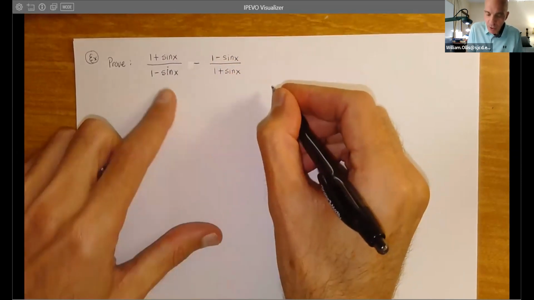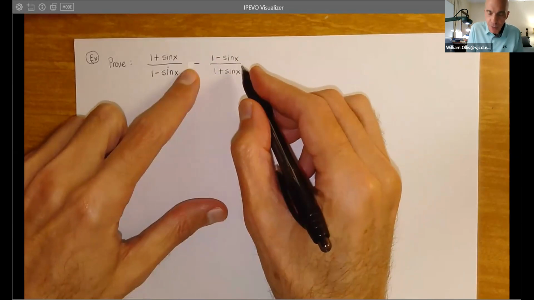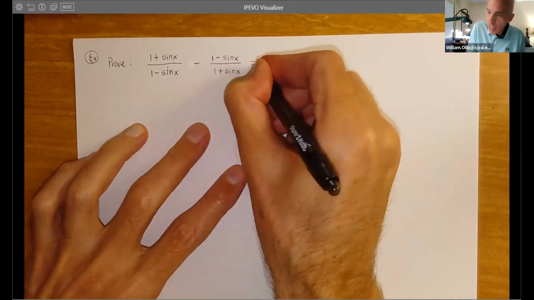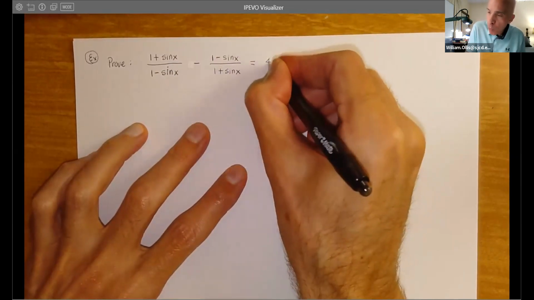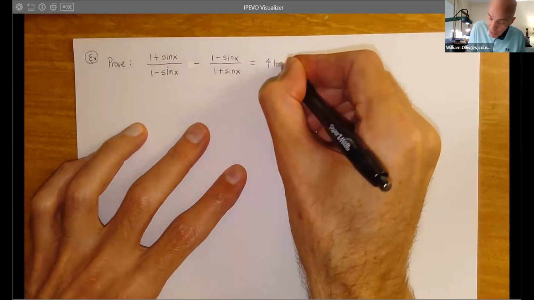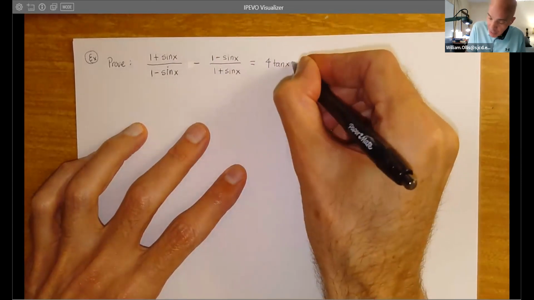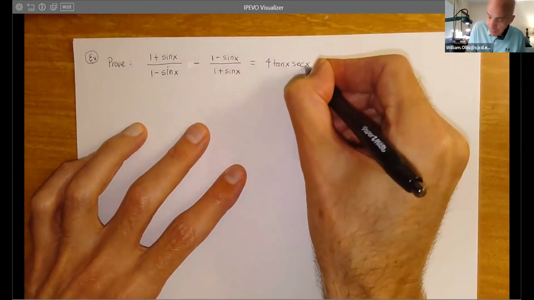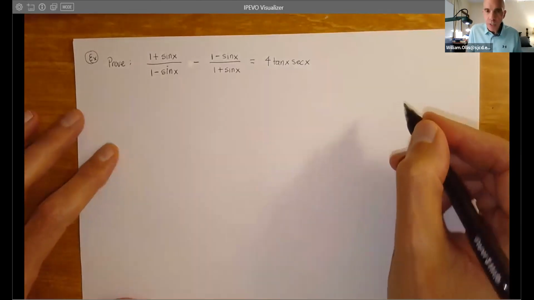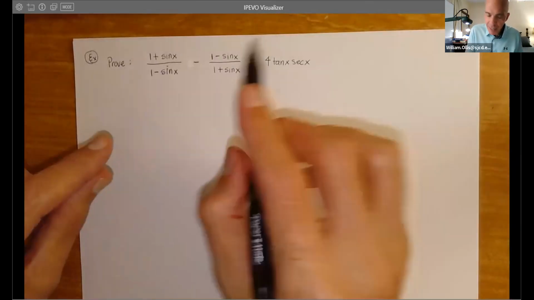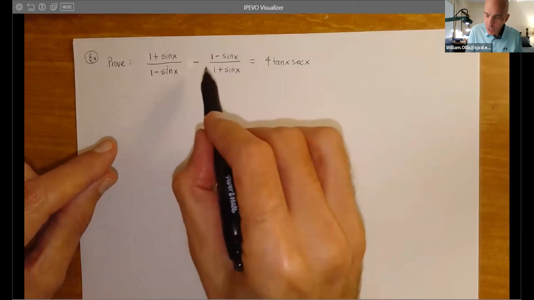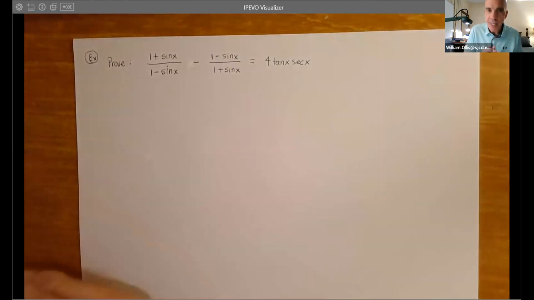So basically, when you look at this, you reciprocate this and put a minus. And we are led to believe that this is 4 times the tangent of x times the secant of x. Now, the main thing you do when you start a problem is check and double check that you've written it down correctly.